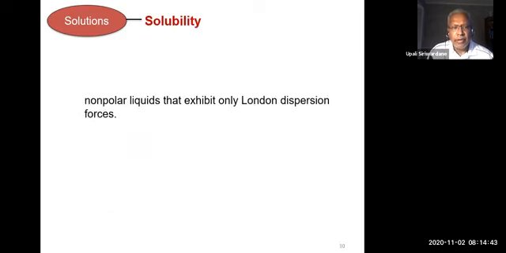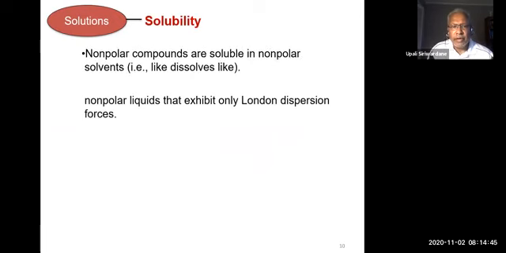Solubility. Nonpolar compounds are soluble in nonpolar solvents, like dissolves like. Nonpolar liquids exhibit only London dispersion forces. So we looked into ionic compounds and hydrogen bonding compounds, and now we're going to look into nonpolar molecules that dissolve in nonpolar molecules.